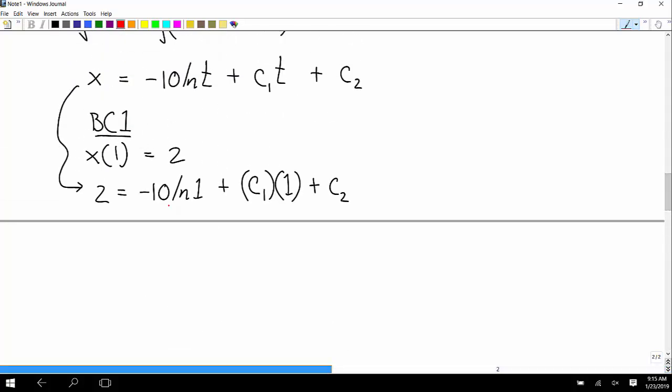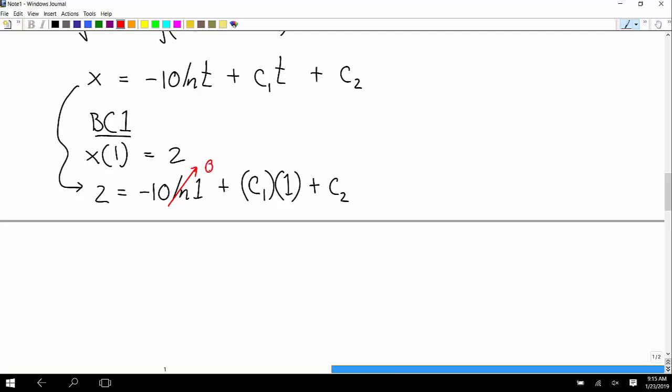That goes away, and you come up with your first equation in this system that says c1 plus c2 is equal to 2. Call that equation star.